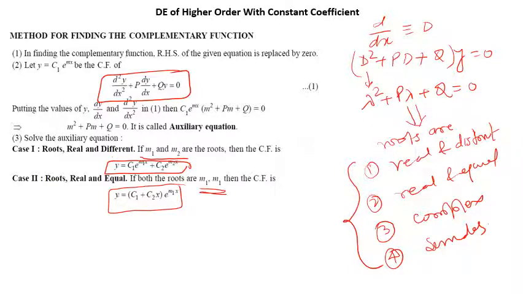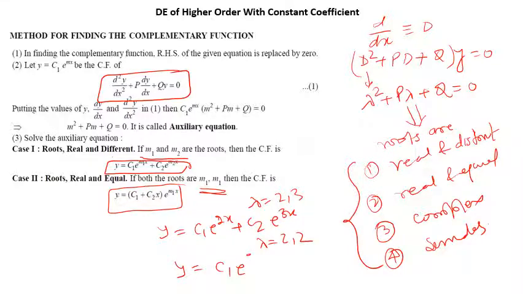For example, if roots of the auxiliary equation are lambda = 2 and 3, then the solution becomes y = c1 e^(2x) + c2 e^(3x). If roots are 2, 2, then the solution becomes y = (c1 + c2 x) e^(2x). Right?